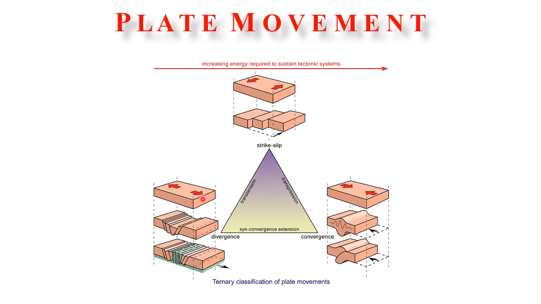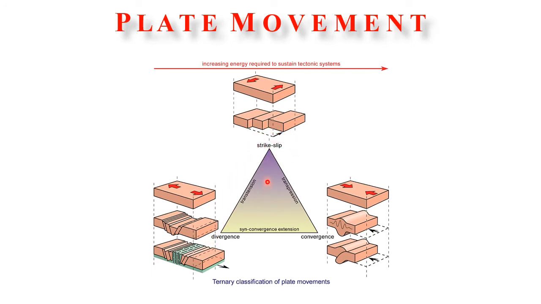So here at divergent plate boundaries, we have creation of new lithosphere. This is also known as a constructive plate boundary, and at a convergent boundary we have destruction of the crust. This is known as a destructive plate boundary, and here theoretically we do not have any construction or destruction of the crust. This is known as a conservative plate boundary. Apart from that, we have some intermediate plate movements as well, where divergence and strike slip movements go together.